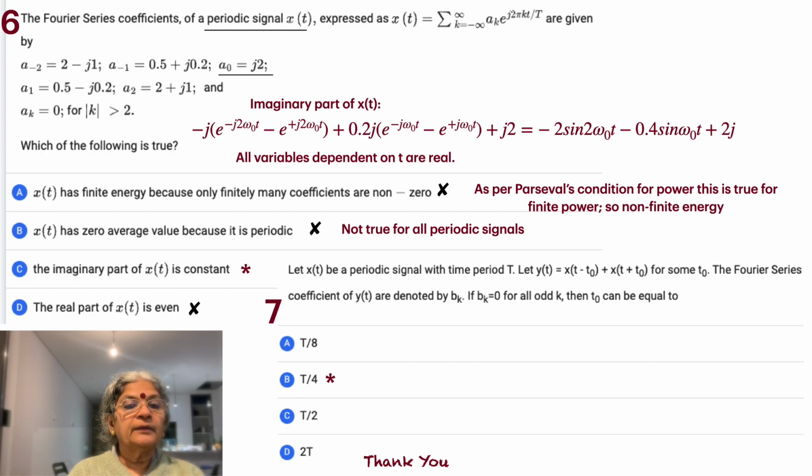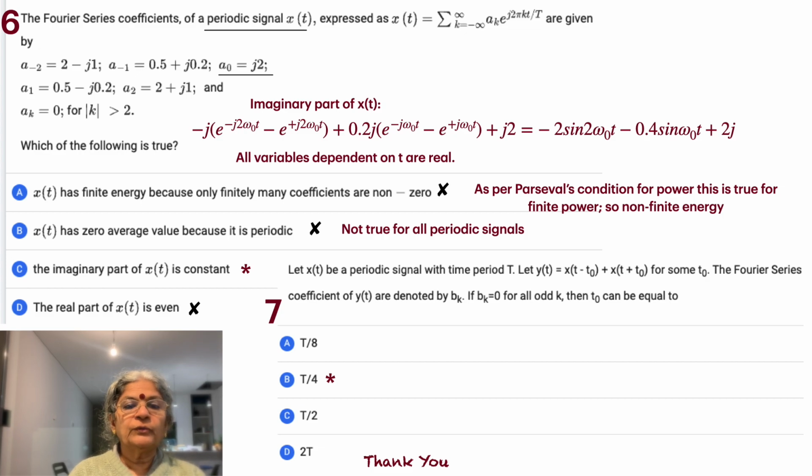The coefficients are given as a minus 2 is 2 minus j1, and a plus 2 is 2 plus j1, so they are complex conjugates. a minus 1 is 0.5 plus j 0.2, and a1 is 0.5 minus j 0.2. There's only a single one standing alone, that is a0 equal to j2.